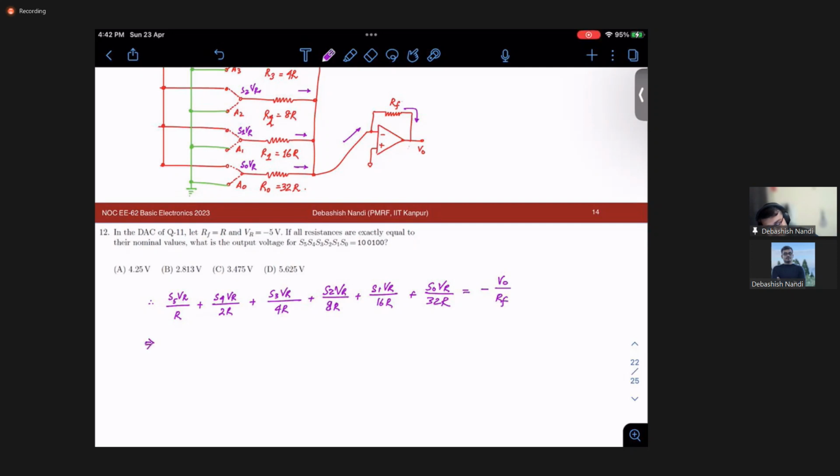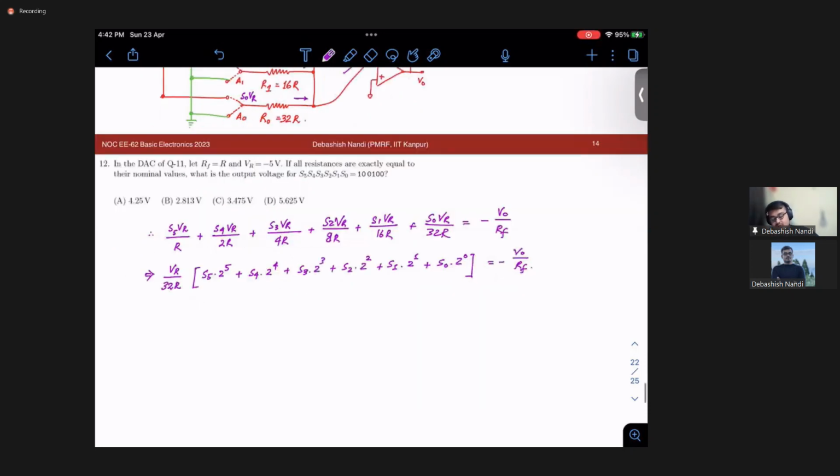So what do we have here? If we take VR by, let's say, 32R common, so I have S5 into 2 to the power 5 plus S4 into 2 to the power 4, 2 to the power 3, S2 into 2 square, S1 into 2 raised to 1 plus S0 into 2 raised to 0, that is equal to minus V0 by RF.